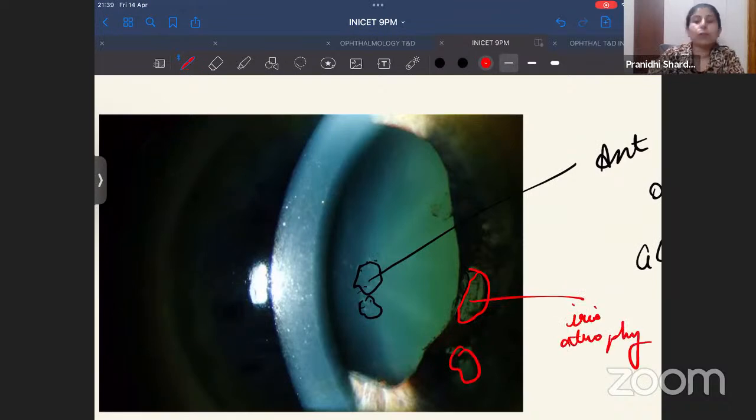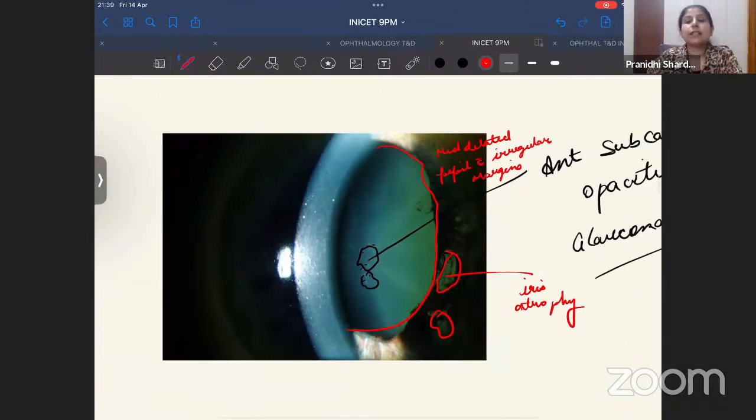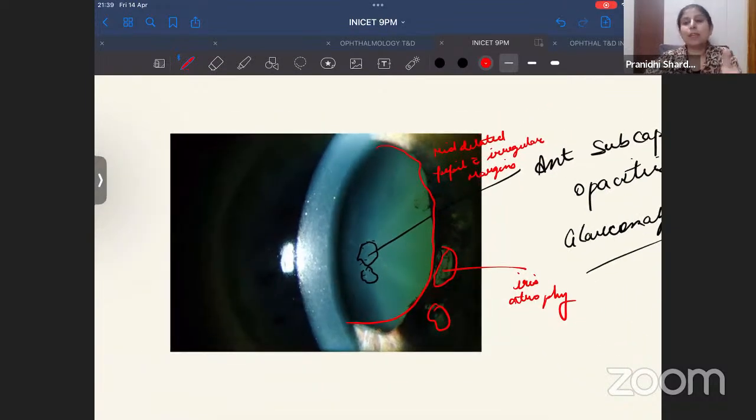And the third sign included in the Bogged triad is a mid-dilated pupil with irregular margins. This is the third part of the Bogged triad.